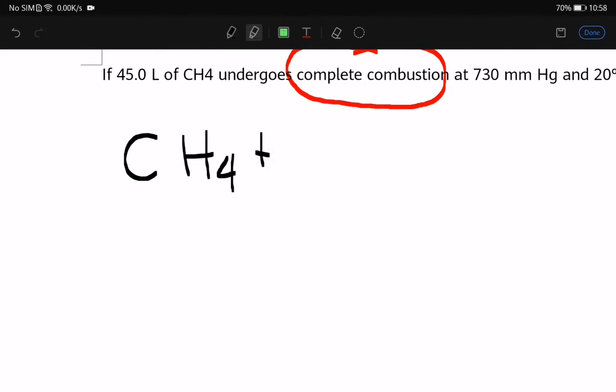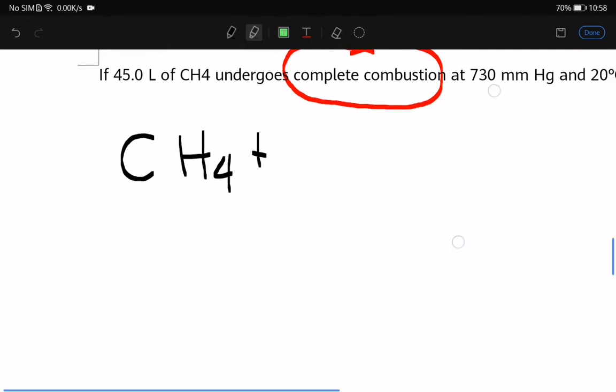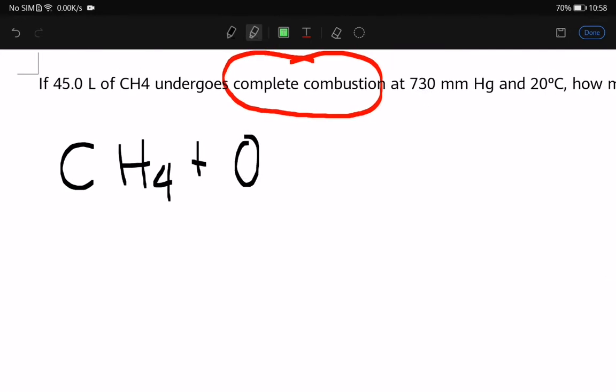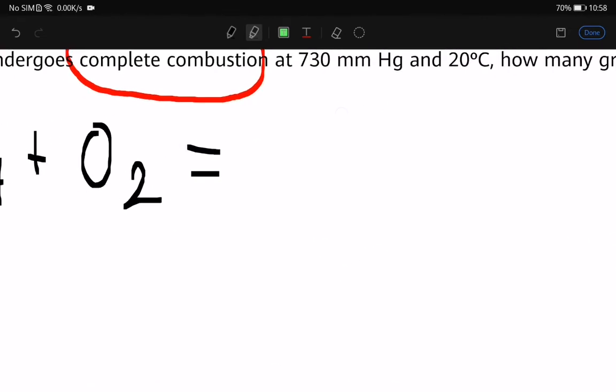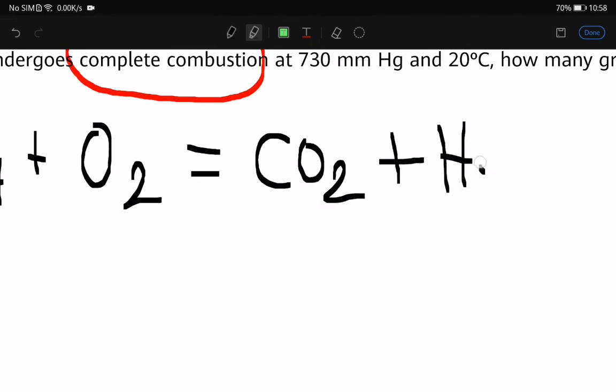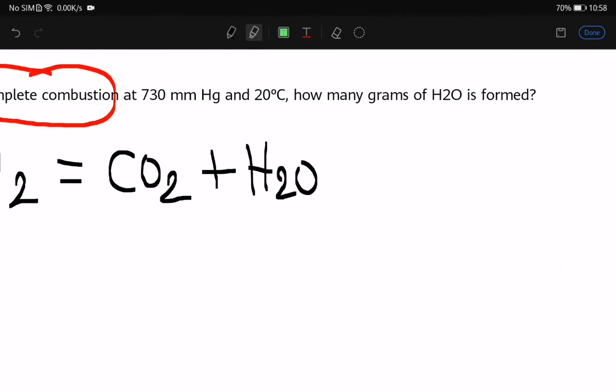CH4 plus you have oxygen gas, which will form carbon dioxide and water. And we also have energy.